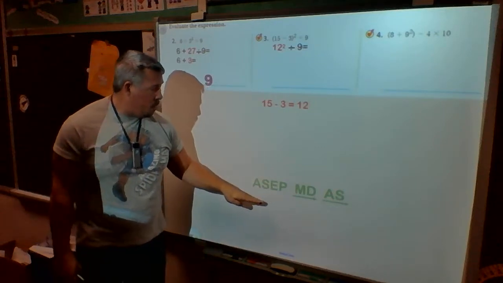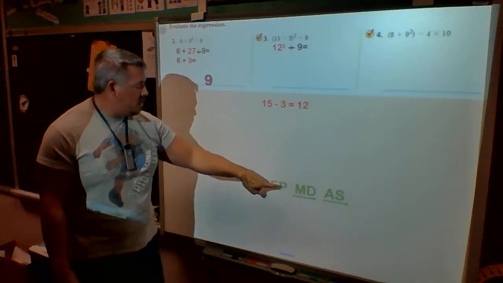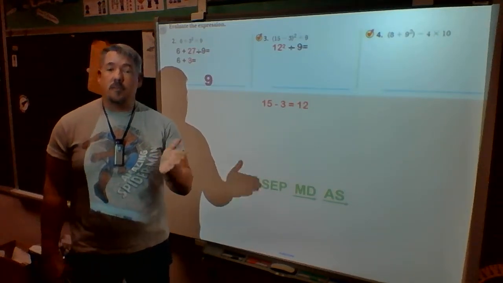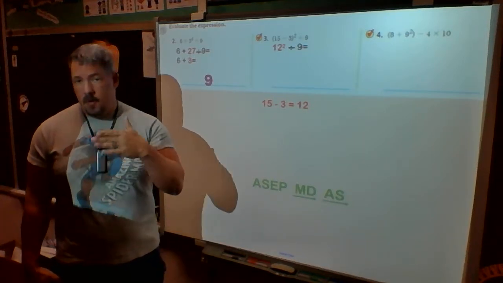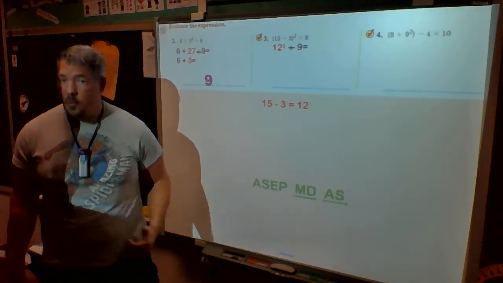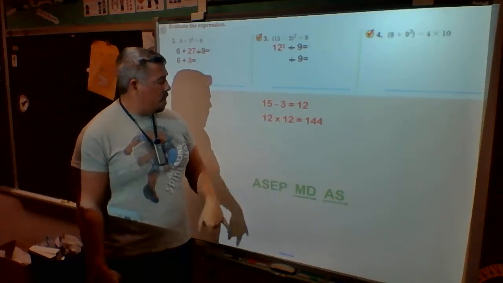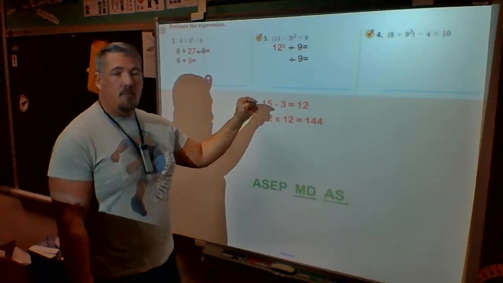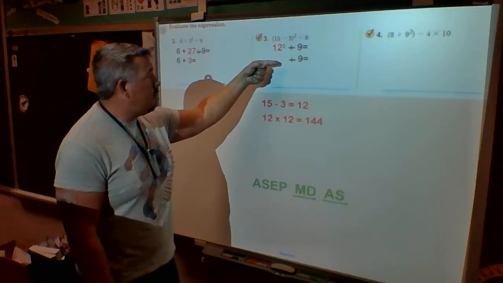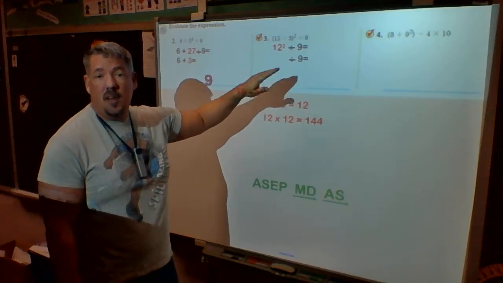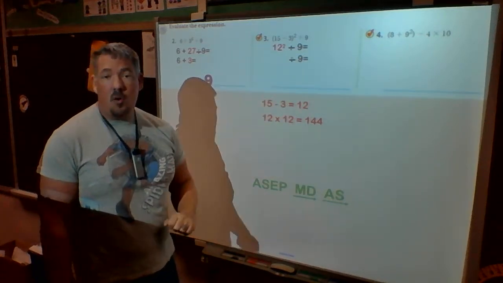Going back to my order of operations, I did my parentheses. Now I still have exponents left, so I'm going to square 12, and that looks like what? Hopefully you thought or wrote down 12 times 12. So 12 times 12 is 144. 144 gets plugged in here, and I've kept my division, and I've kept my 9, everything in order.